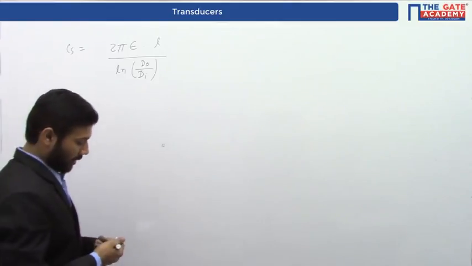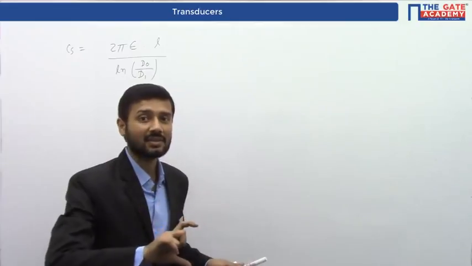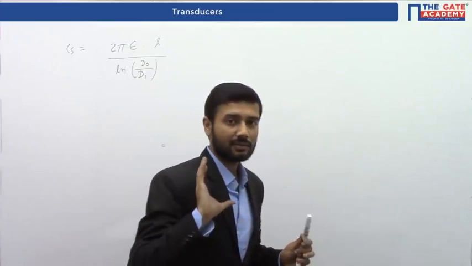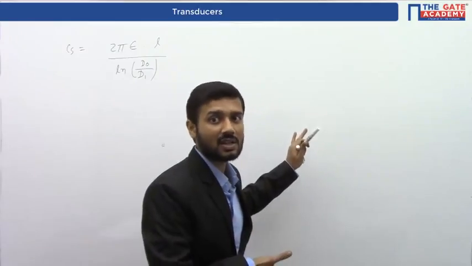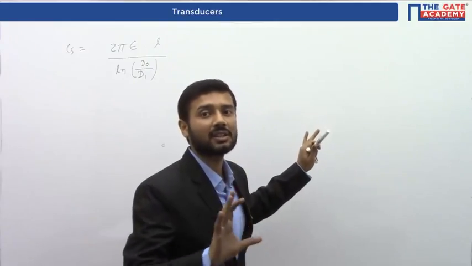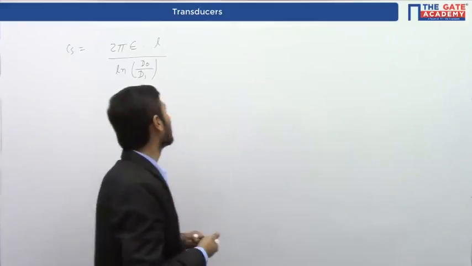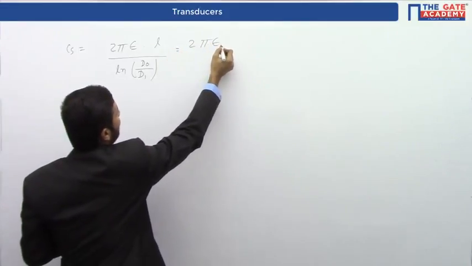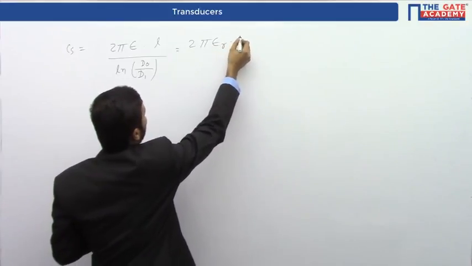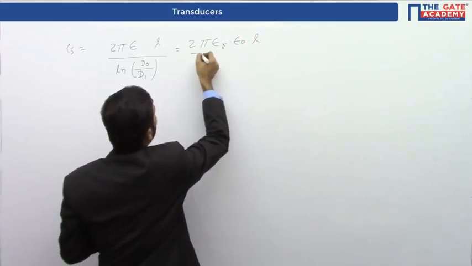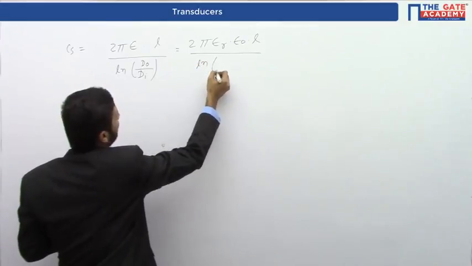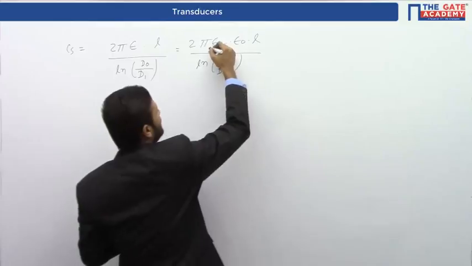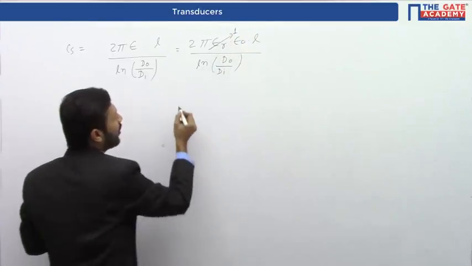Now we have all the values. When the tank is empty, this capacitive transducer is filled up with air only. So we can write this as 2 pi epsilon r into epsilon naught into L by ln d naught by di.